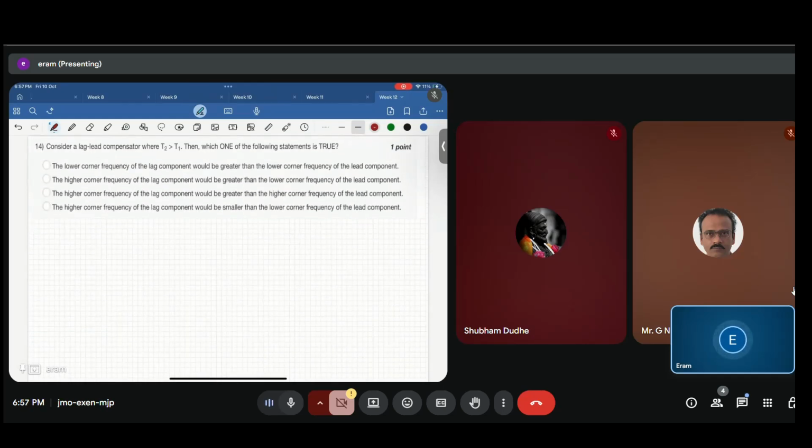Okay, now we have a lag lead compensator where T2 is greater than T1. Now what is T1 and T2 for a lag lead compensator?